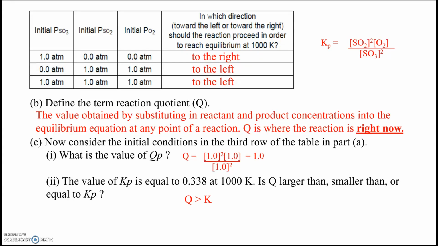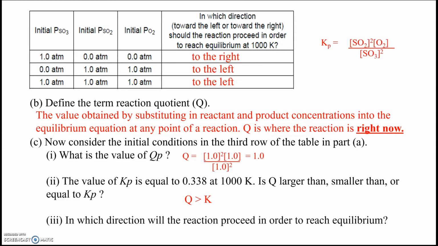And of course, the answer is Q is larger than K. 1 is larger than 0.338. So in which direction will the reaction proceed in order to get to equilibrium? And the answer is it's going to move back to the left. All right, we're going to talk more about this issue of Q and K and get a lot more practice, but that'll be in the next video.